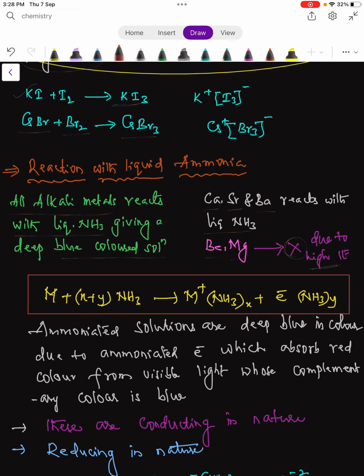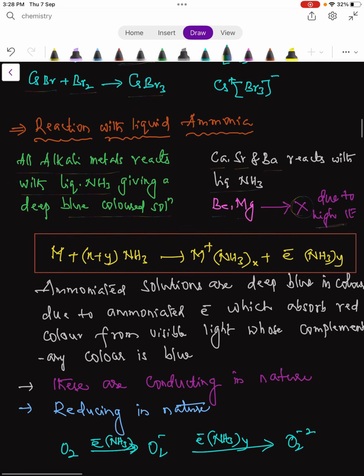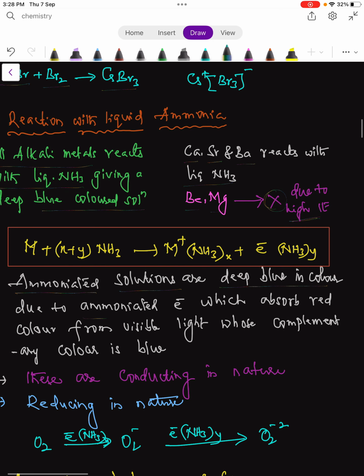So here the metal is reacting with x plus y moles of ammonia, then we'll get M plus (NH3)x plus e minus (NH3)y. This is the reaction when metals react with ammonia. So ammoniated solutions are deep blue in color. This is due to ammoniated electrons, which absorb red color from visible light, whose complementary color is blue.